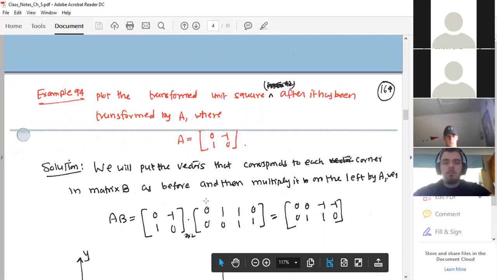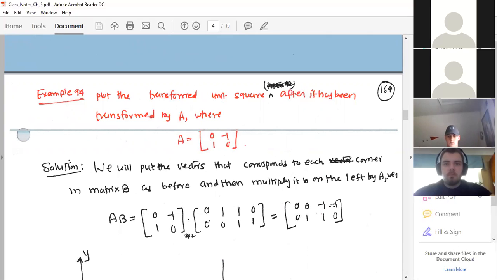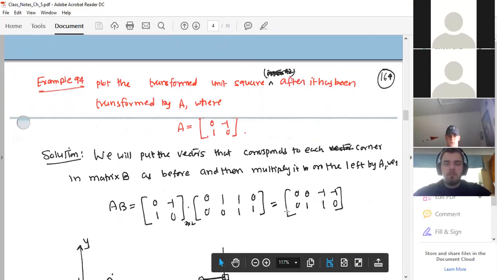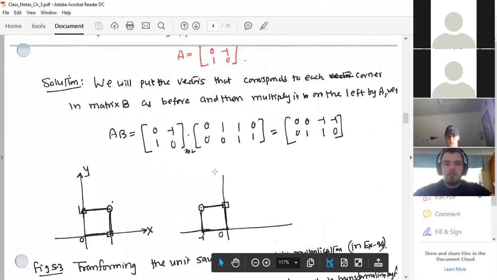So multiply this one by the given matrix. Let me say this one, my unit square, is matrix B. This is my matrix A. Let me take A into B. A into B, the resulting matrix is this one: 0, 0, 0, 1, negative 1, 0, negative 1, 1, and negative 1, 0. So naturally my square is over here.